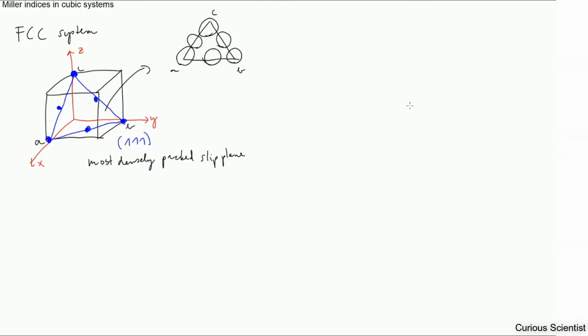So I draw you another triangle, now a bigger one, which will represent the 1-1-1 plane. And as we know, there are 4 independent slip planes in FCC crystal, and within each slip plane there are 3 independent slip directions, and this is how we get the 12 slip systems.